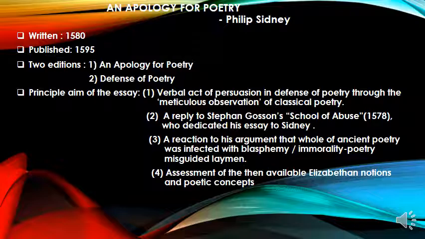It was termed School of Abuse, which was published in 1578. He dedicated his essay to Sidney, and that is exactly why Sidney chose him and wrote Apology for Poetry as a defense to Gosson's School of Abuse.